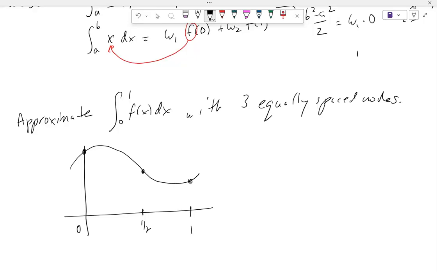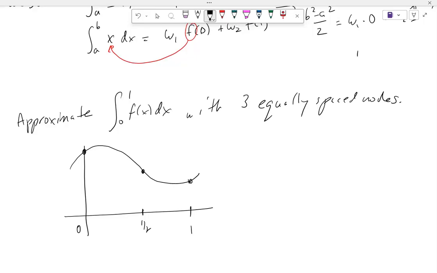We have 3 points, so we can go down to degree 2 for our polynomial interpolant. Right? So we're going to make sure that we integrate 1's, x's, and x squareds all exactly. And again, I can generate all quadratics by a 1, an x, and an x squared. That's what we're going to use. So we're going to set up a similar system of equations like we did before.